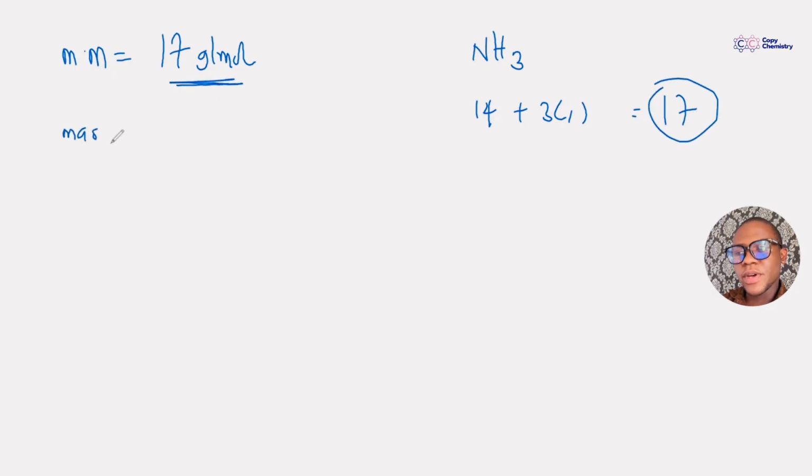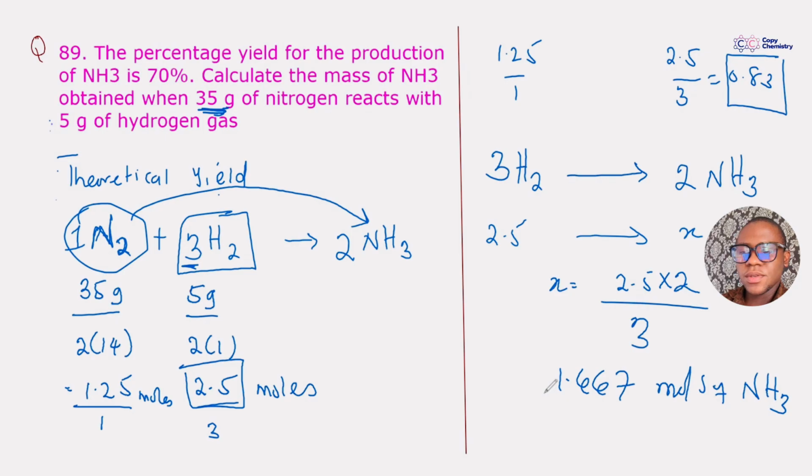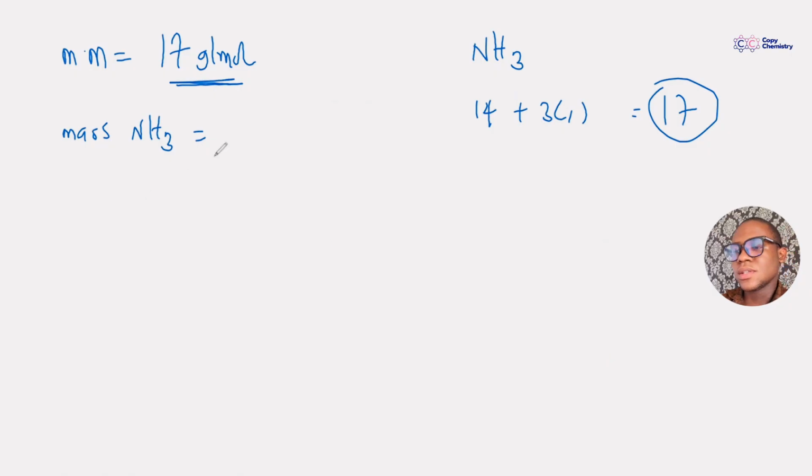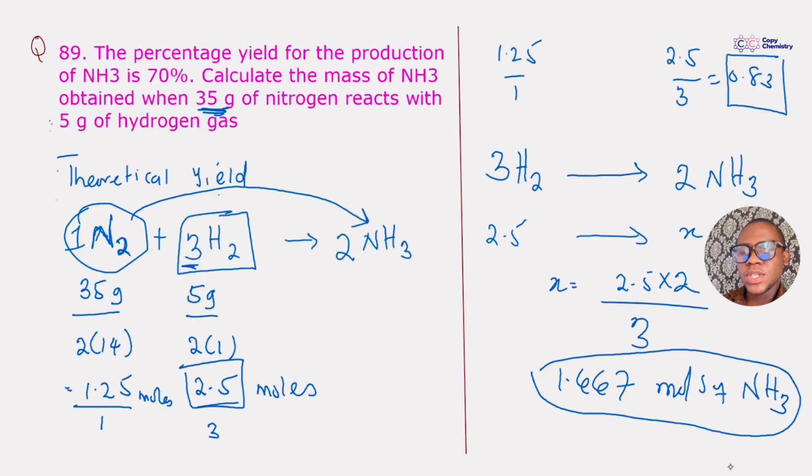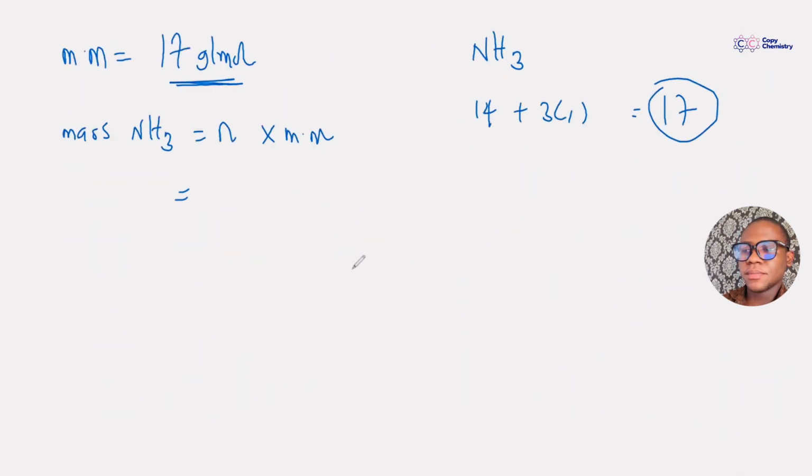Now the mass of ammonia formed, which is our main theoretical yield, right? This is also the theoretical yield in terms of moles, but if you want to take it to mass, then that's it. So the mass would be number of moles multiplied by molar mass, and that would be the number of moles, which is 1.667 multiplied by 17.